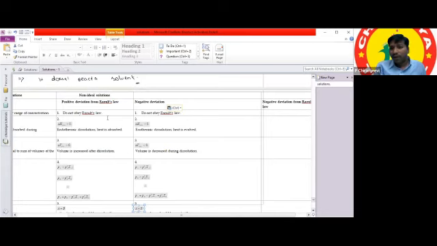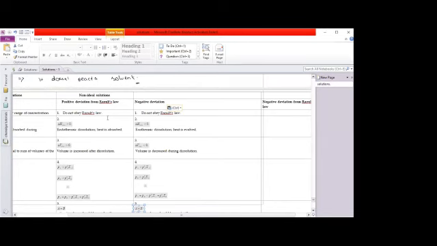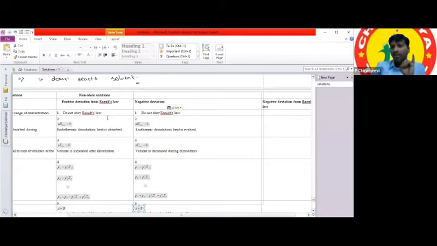The alcohol boiling point is 60 to 70 degrees Celsius, and the water boiling point is 100 degrees centigrade. Did everyone understand the first point?